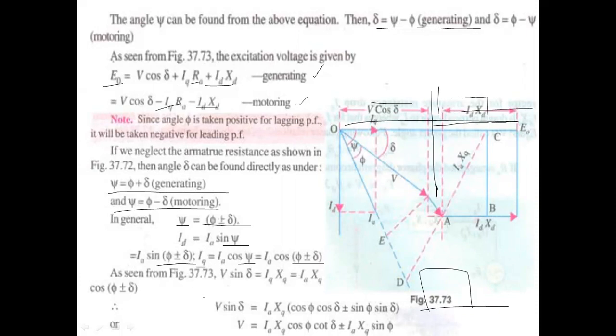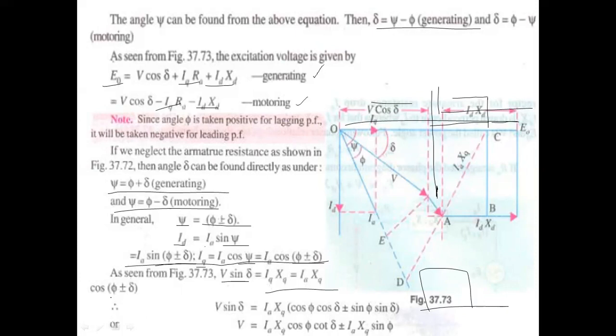So from this I can write these formulas, and from figure 37.73, V sin gamma is equal to Iq Xq, or Ia Xq cos of phi plus or minus gamma.